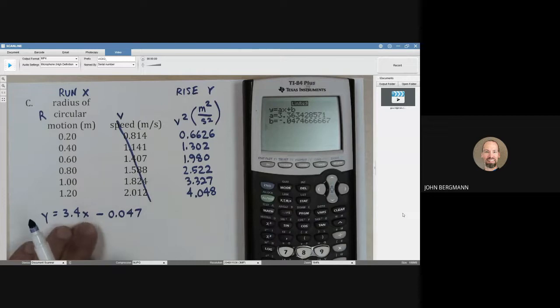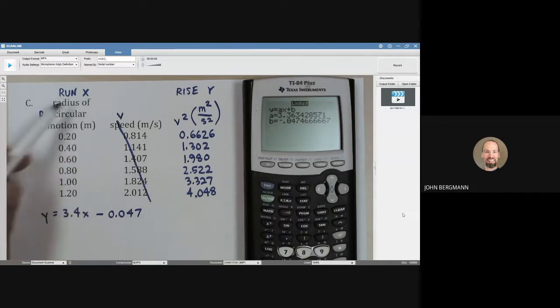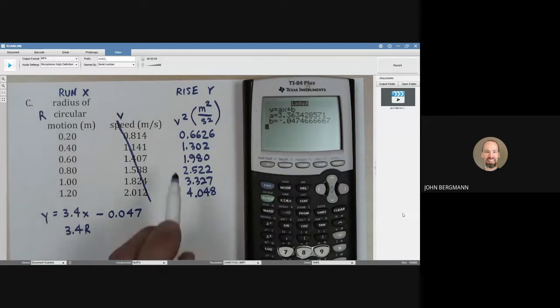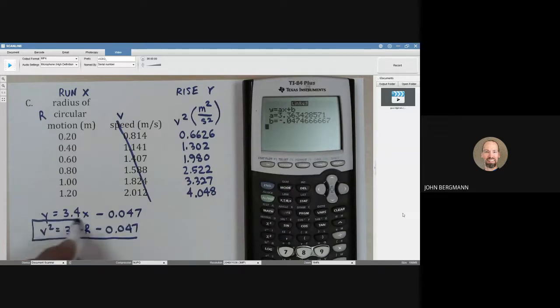We want to put the variables that we have in this problem. So in place of x, we're going to put a capital R. So this is going to be 3.4 capital R, and instead of y, we're putting v squared. That's how you do it.